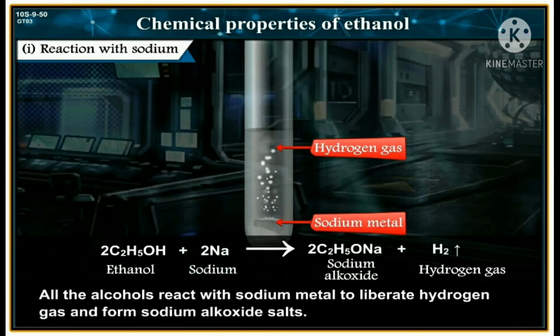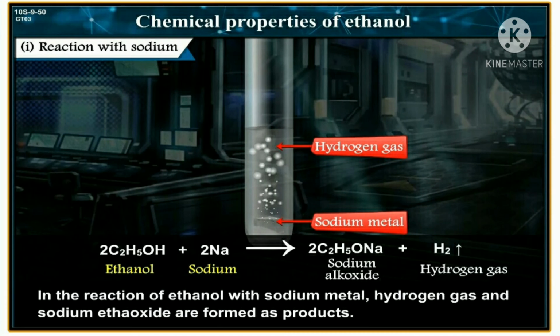All the alcohols react with sodium metal to liberate hydrogen gas and form sodium alkoxide salts. In the reaction of ethanol with sodium metal, hydrogen gas and sodium ethoxide are formed as products.